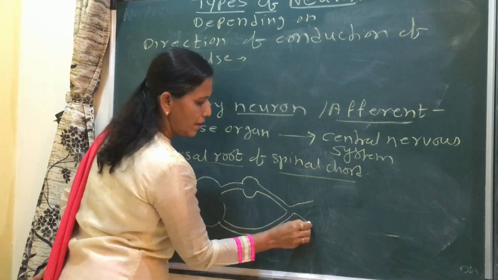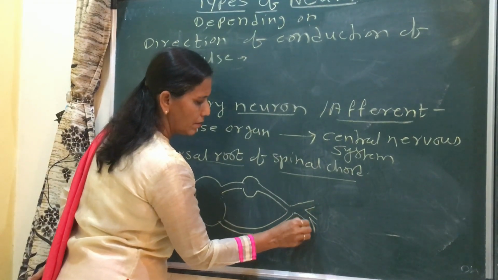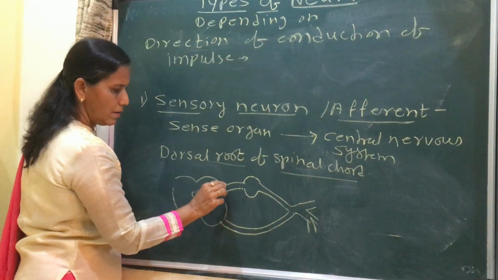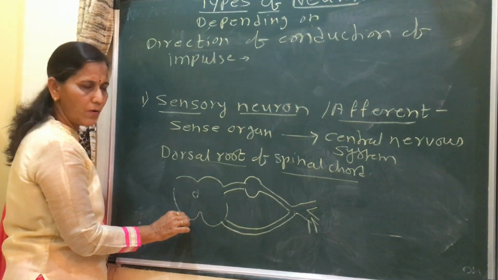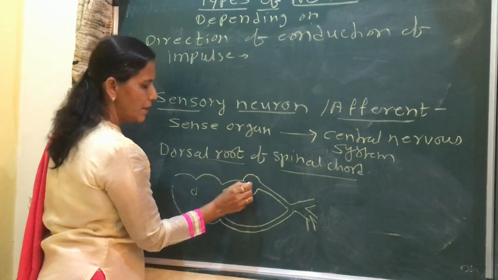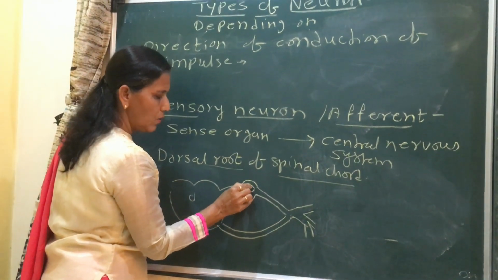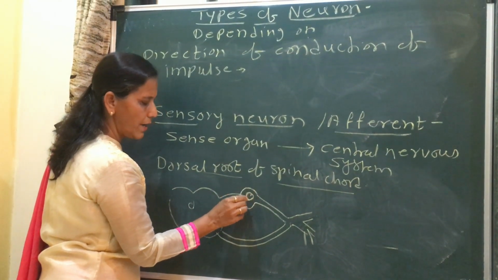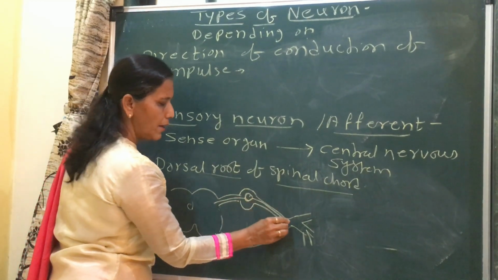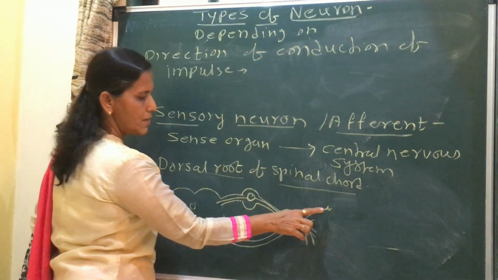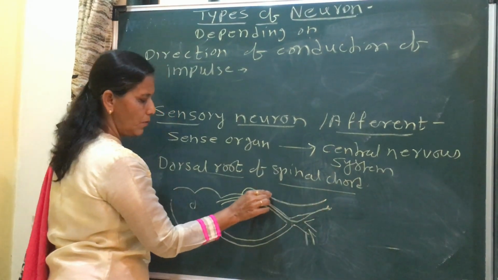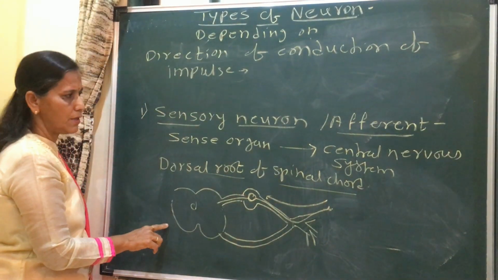Three branches are there. This is the spinal nerve which arises from the spinal cord. Here, the sensory neuron's cell body is located in the dorsal root ganglion of the spinal cord. It carries impulse from the sense organ up to the central nervous system.